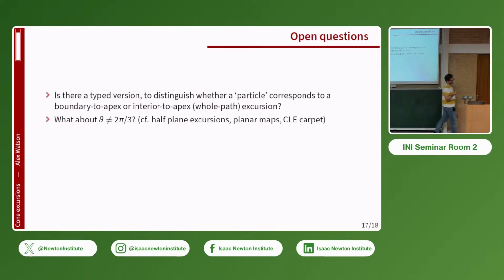What about theta not equal to 2 pi by 3? I already said that theta equals pi was done by Aïdékon, Da Silva and others. Of course, theta not equal to 2 pi by 3 is connected with gamma not being root 8/3 in the quantum disk picture, and therefore it's connected with the CLE carpet thing and the planar maps thing.